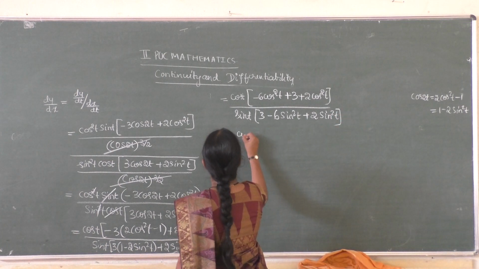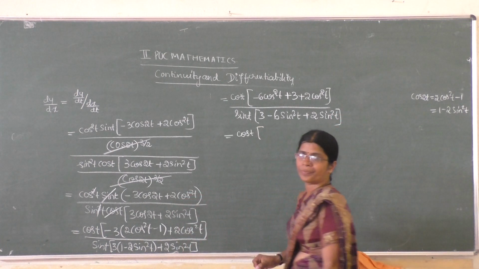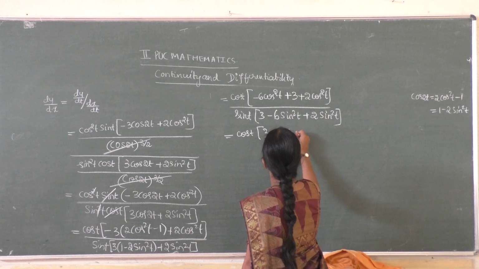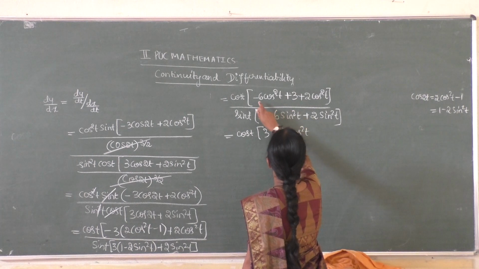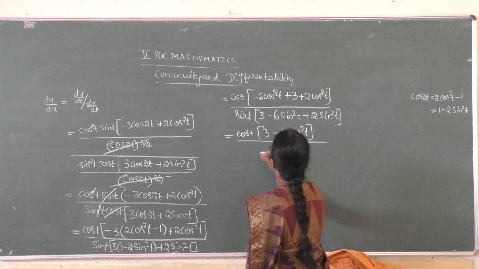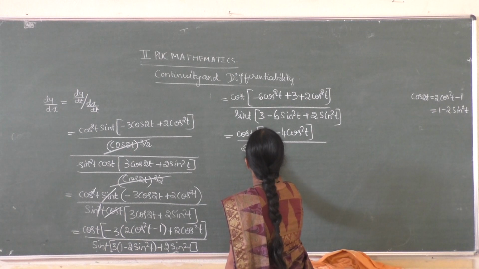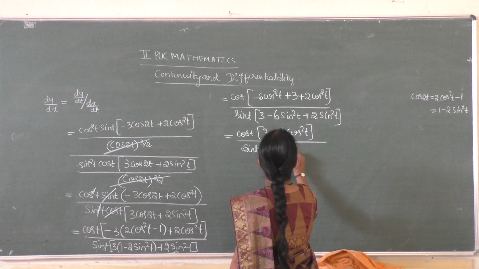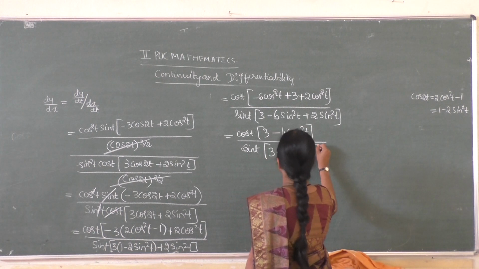So cos t into 3 minus 4 cos square t, because minus 6 plus 2 is minus 4, divided by sin t into 3 minus 4 sin square t.